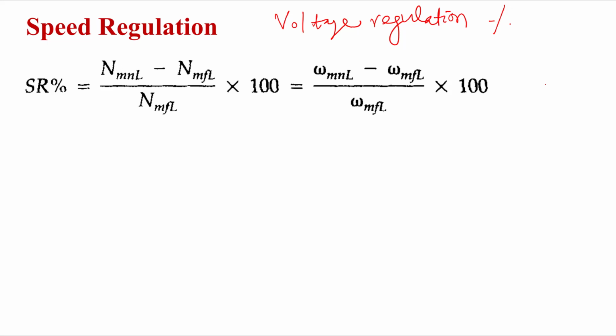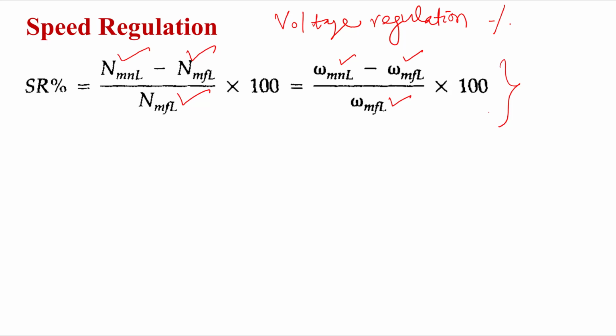The same thing we can write in radian per second and in revolution per minute, right? So this is your speed regulation, and this is the important parameter for checking the performance of the motors.